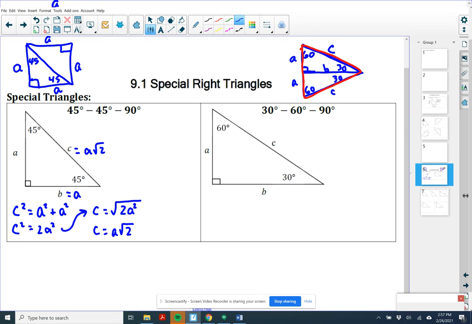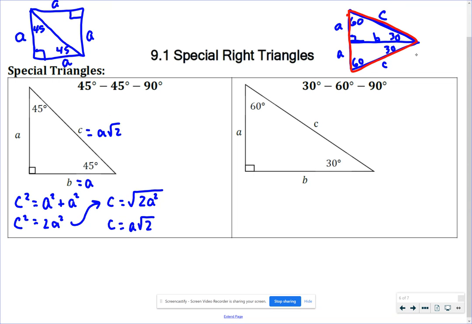So what we have is that 2A equals C, right? So the hypotenuse of this 30, 60, 90 right triangle is double the A. And notice the A is the short leg.